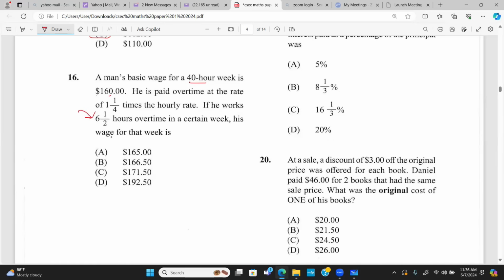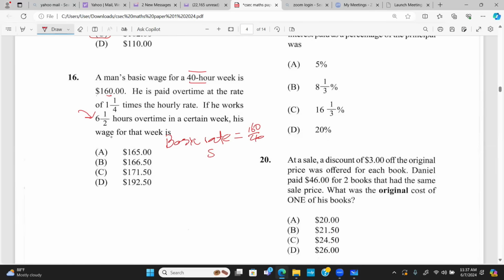Let us work out his overtime. With the 40 hours and getting 160, we can tell his basic rate. Basic rate is simply 160 divided by 40, which is 4.